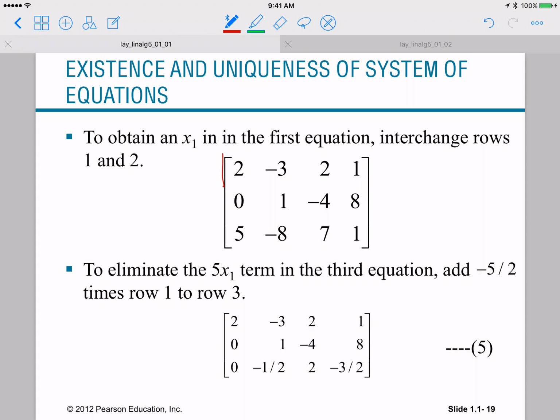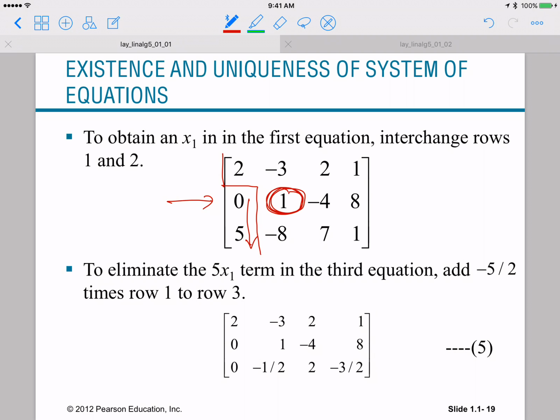Is this a staircase shape or is this echelon form? It's not, right? Because we have to go up twice, which is not allowed. And that means when thinking about the second row, what is the leading entry? It's this guy, 1, right?